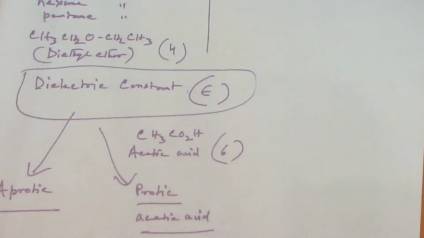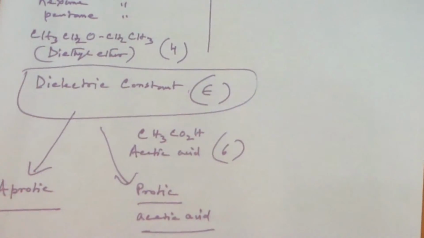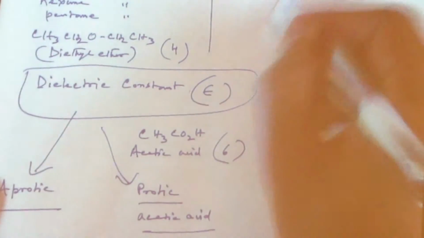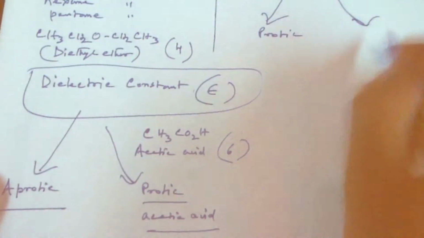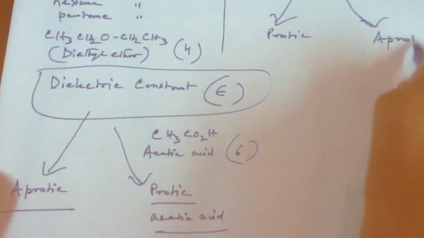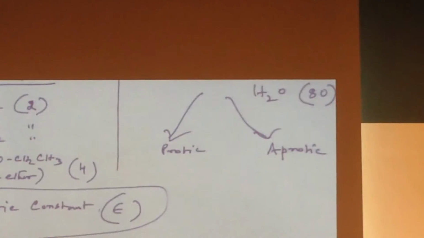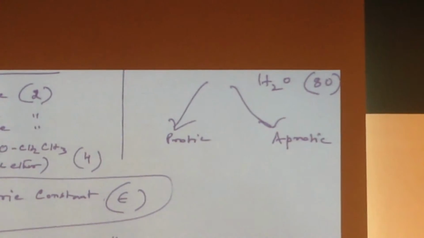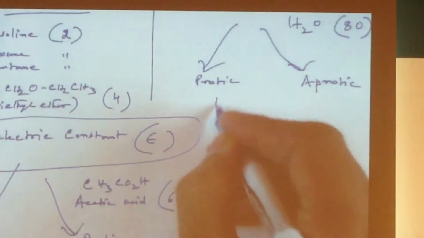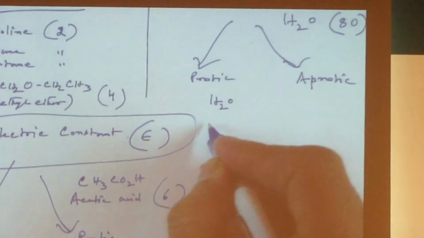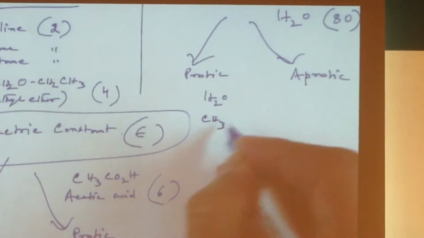And on the other side, you also have polar solvents that could be protic or aprotic. The protic solvents include something that can hydrogen bond. Therefore, we include water and all the alcohols, methanol, ethanol, and so on.